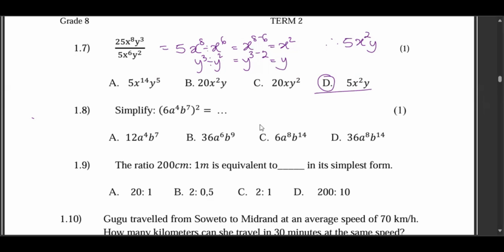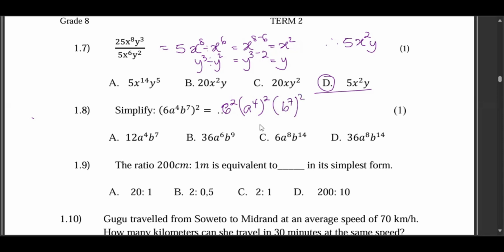Exponent rules. Also here, exponent, simplify. Simplify meaning here we are using rule number 4, which we call power to the power. So these powers inside are to the power 2. So meaning 6 is going to be to the power 2, then a to the power 4 to the power 2, then b to the power 7 to the power 2.